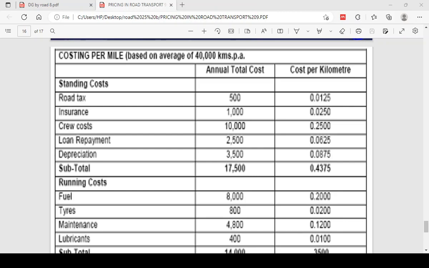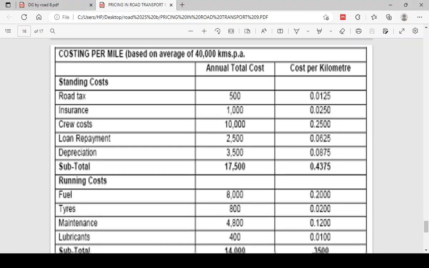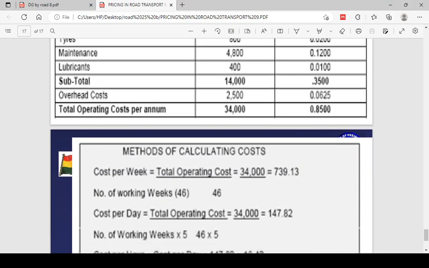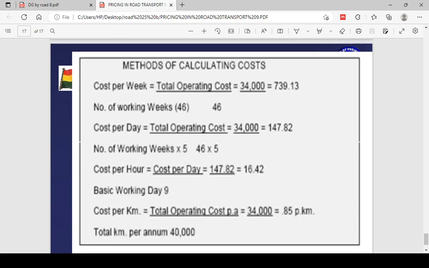Running costs: fuel, tires, maintenance, lubricating, subtotal. Overhead cost, cost per annum. So these things will give you the running cost, and that which you can use to arrive at how you can cost.